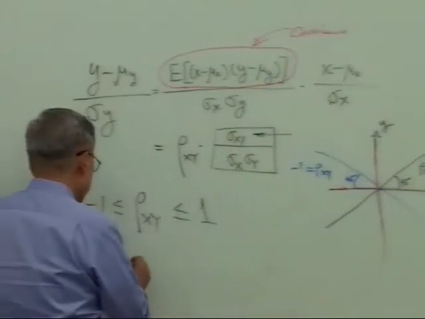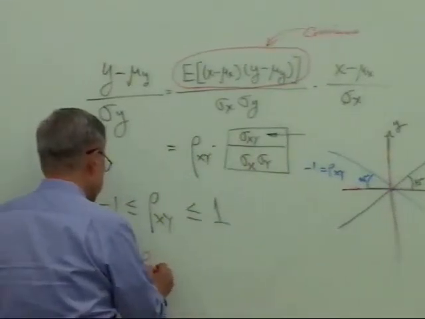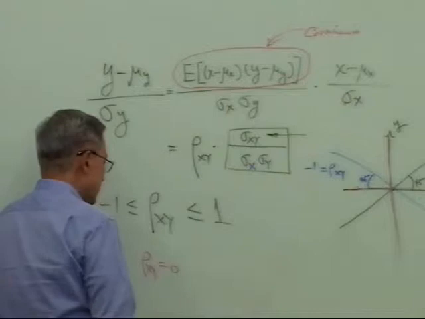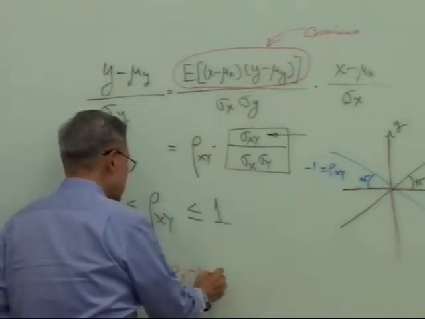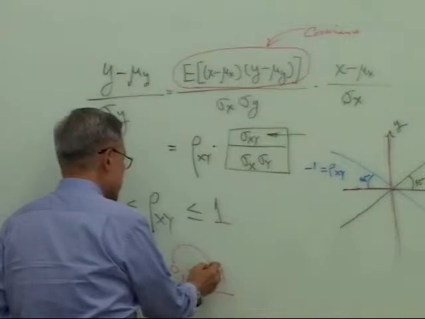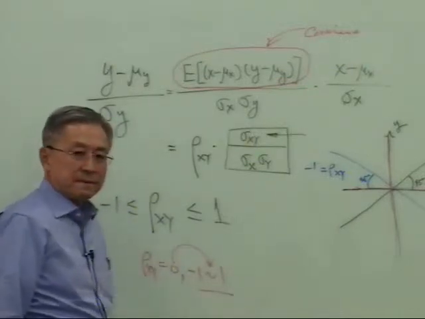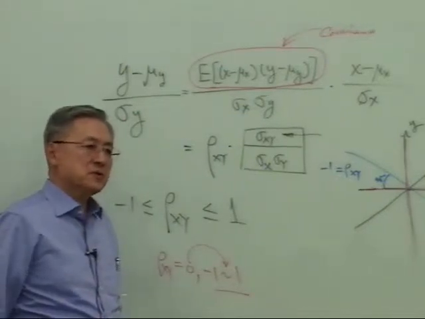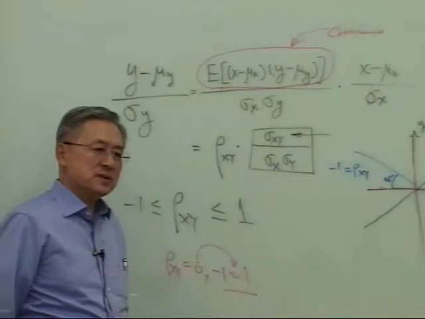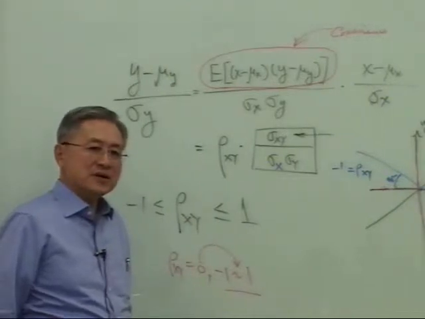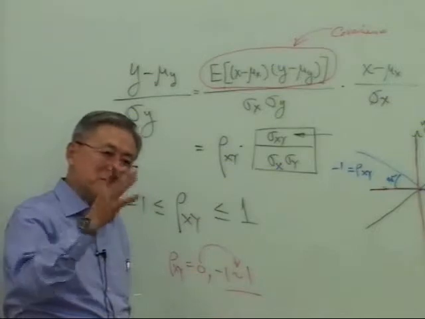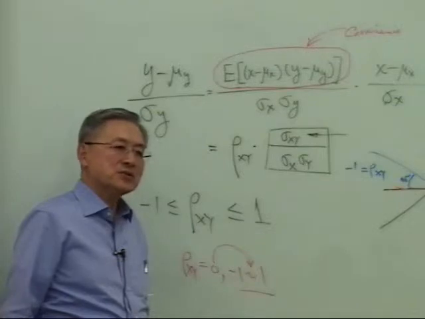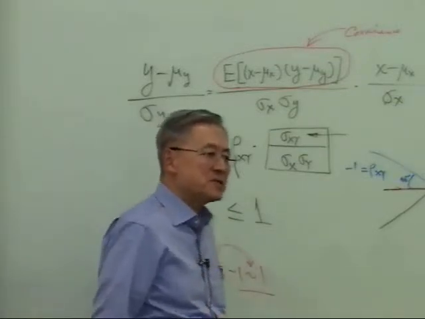Those are the extreme cases. The rho xy could be equal to 0, or could be between -1 and 1. So there are lots of situations in reality. I mentioned Friday that with a non-zero rho xy, the joint probability density function gets very messy.